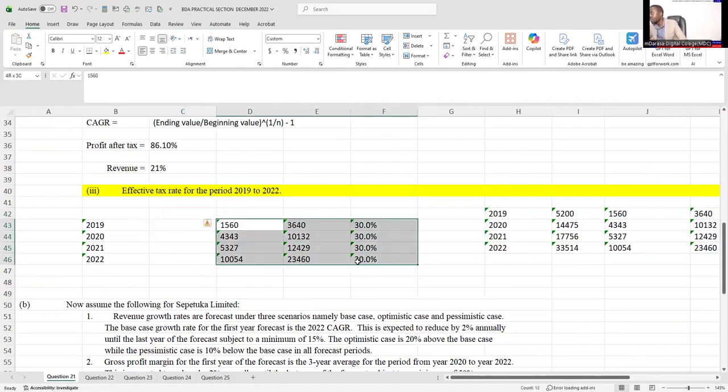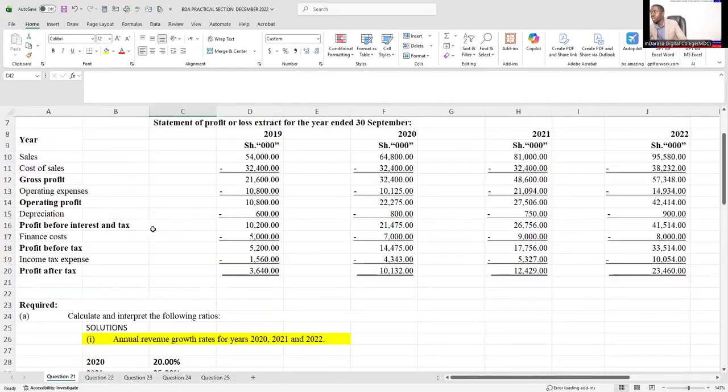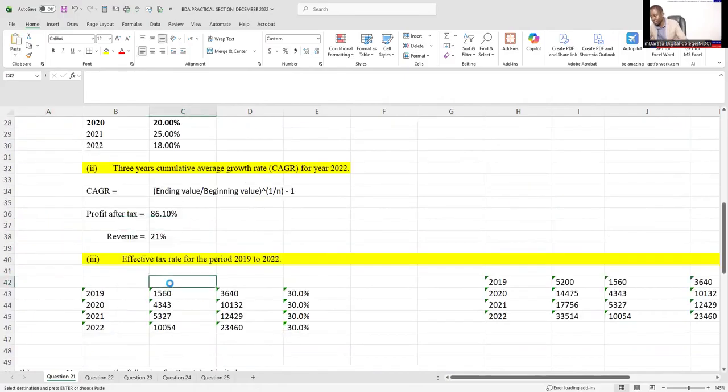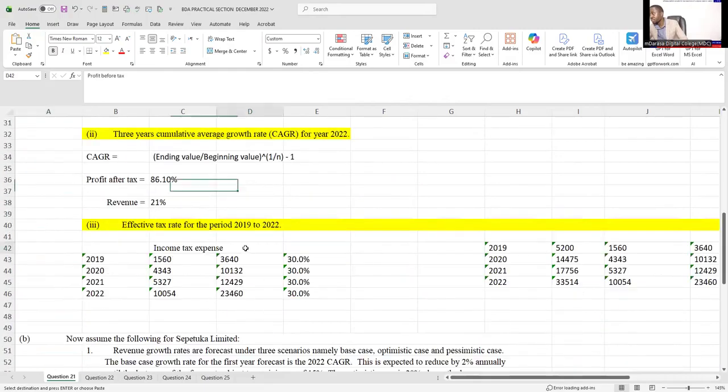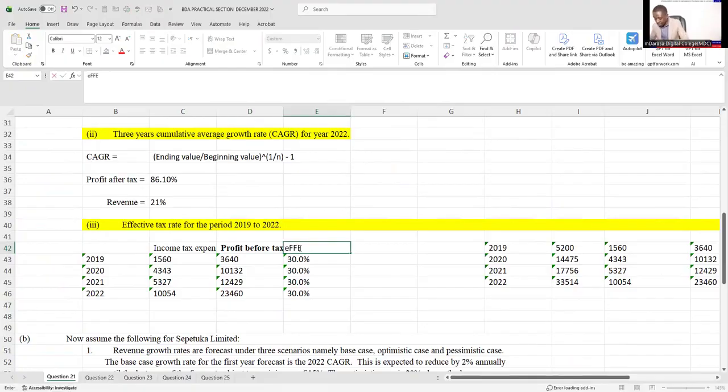So our focus here would be on, of course, you can use this one again if at all you're having a clear knowledge. So these are income tax expense, and you have in your profit before tax. And therefore, these are effective tax rate here.